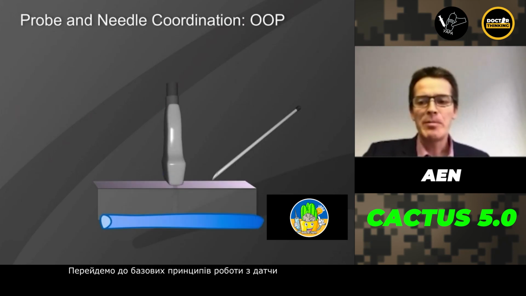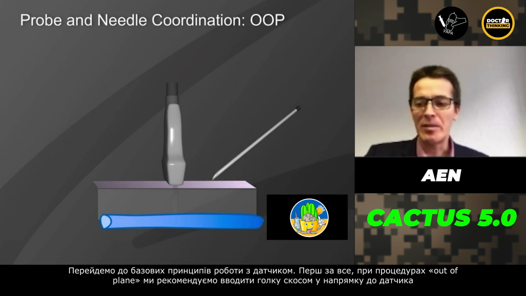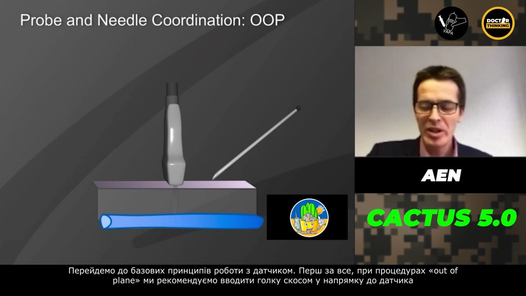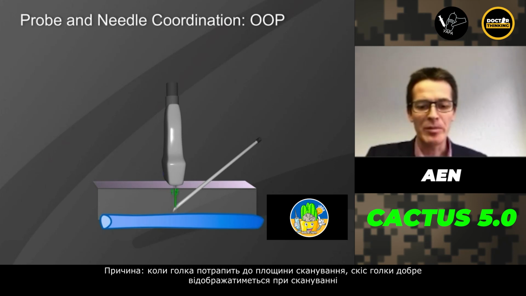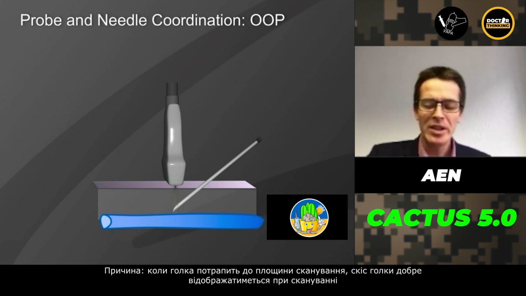Let's go over some basic probe handling methods. First of all, in an out-of-plane procedure, we recommend to direct the bevel of the needle towards the probe. The reason is that once the needle gets into the scanning plane, the bevel of the needle creates a good reflection of the sound waves back to the probe.